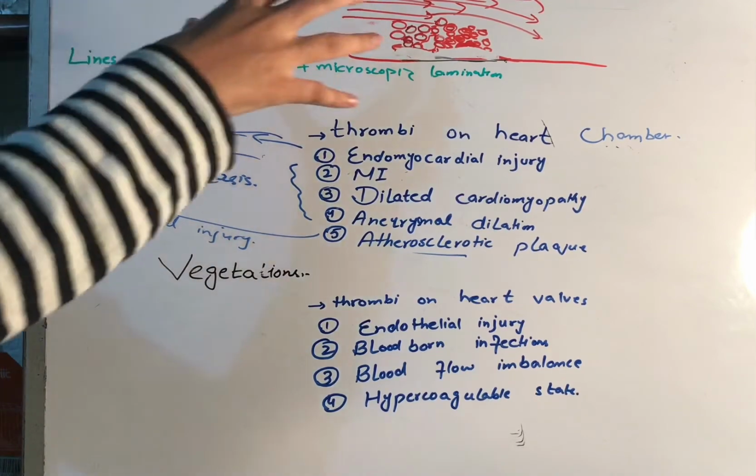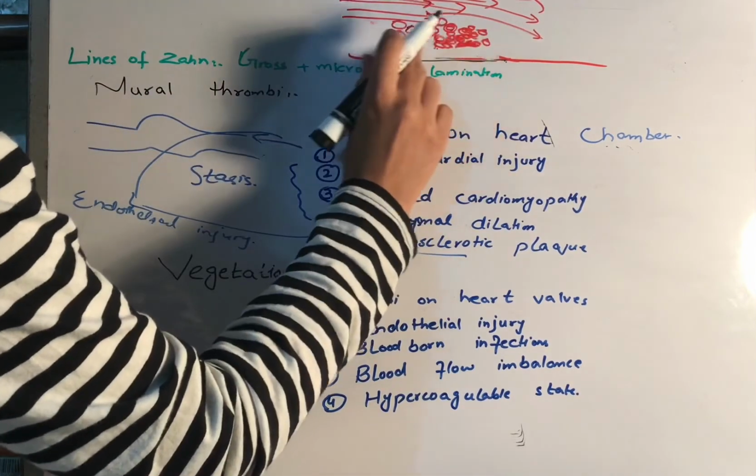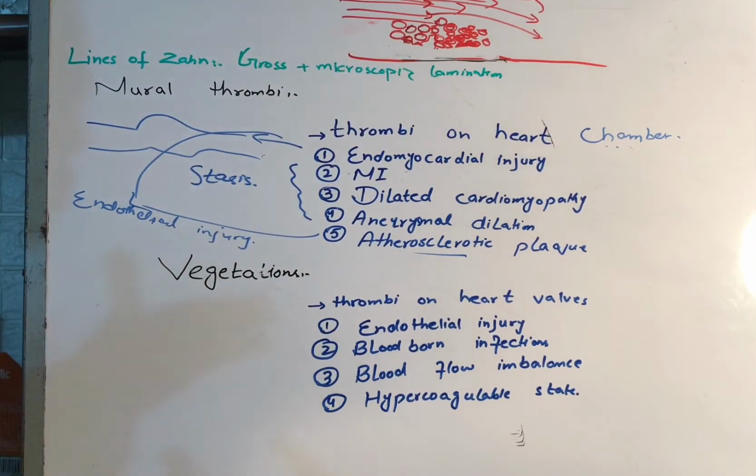It will rather show two things. It will show a pale portion that is present on top, and it will show a red portion that shows the RBCs accumulation in the dependent portion, as it follows gravity. So these are the features of postmortem clots. They do not adhere to our underlying endothelium, and second, they don't show any lines of Zahn, while the antemortem clot shows lines of Zahn.